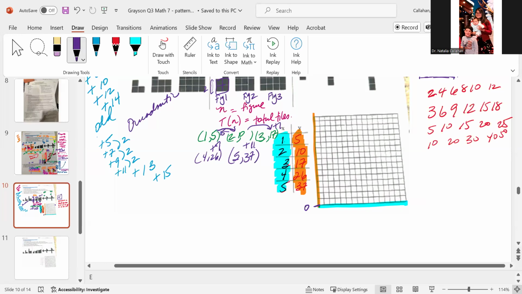I'm going to do 5 every 2: 10, 15, 20, 25, 30, 35, 40. Why did I go by 5 instead? Because you have more room that way.